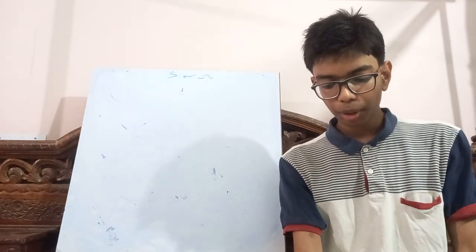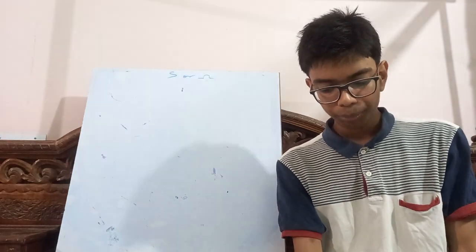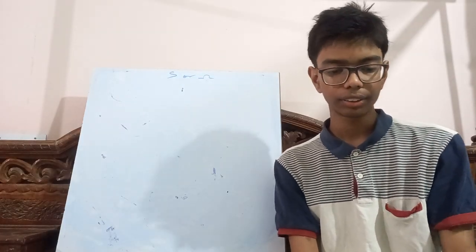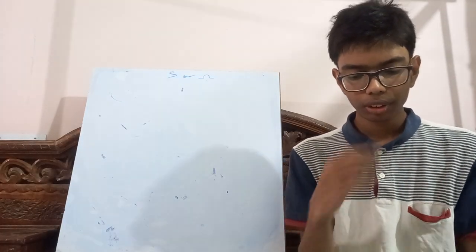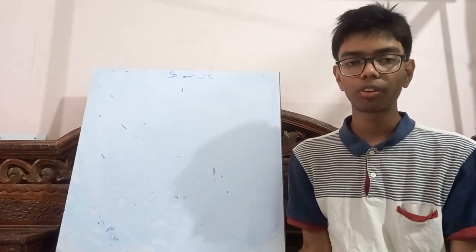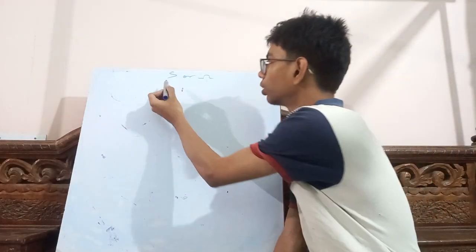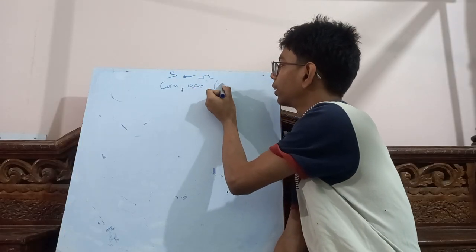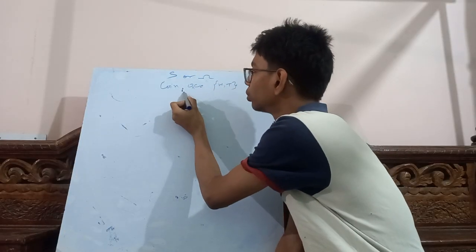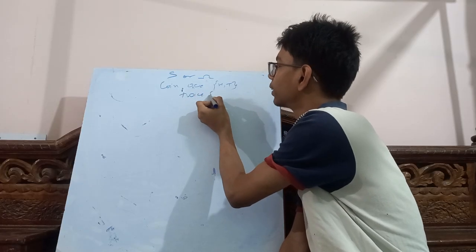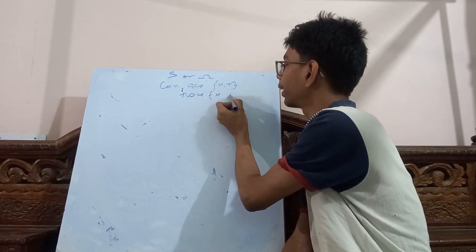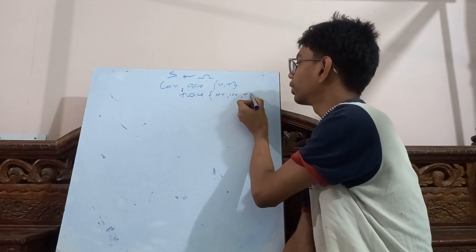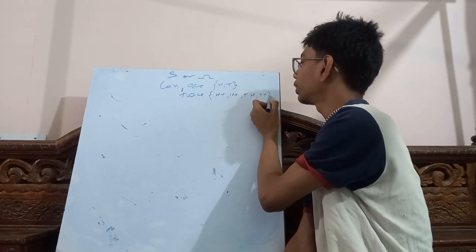Any element of the sample space is said to be a sample point, and any subset of the sample space is called an event, right? Now, suppose I am tossing a coin once. Sample space will be either head or tail. If I am tossing a coin twice, sample space will be head-head, head-tail, tail-head, tail-tail.